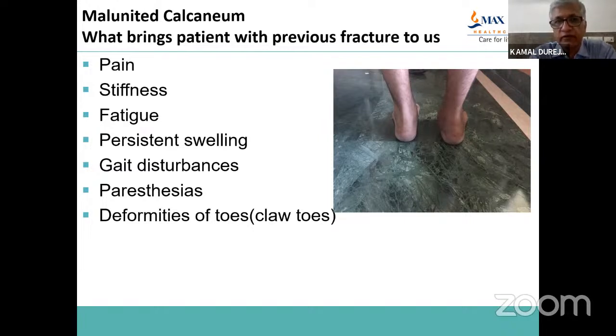Well, he would have all these problems: pain, stiffness, fatigue, persistent swelling around the heel, gait disturbance, paresthesias and neuritic pains, and toe deformities in terms of clawing of toes. Any one or multiple of these symptoms can happen in one patient.